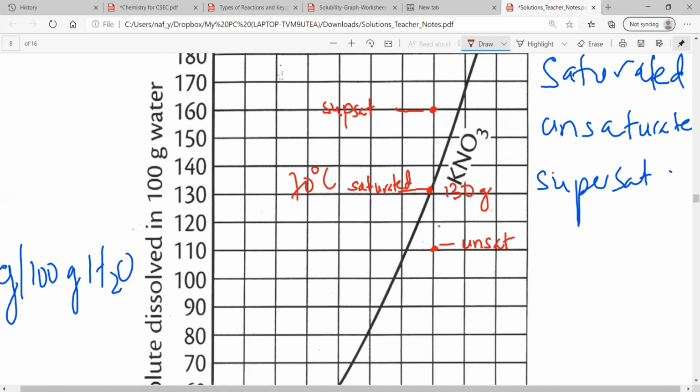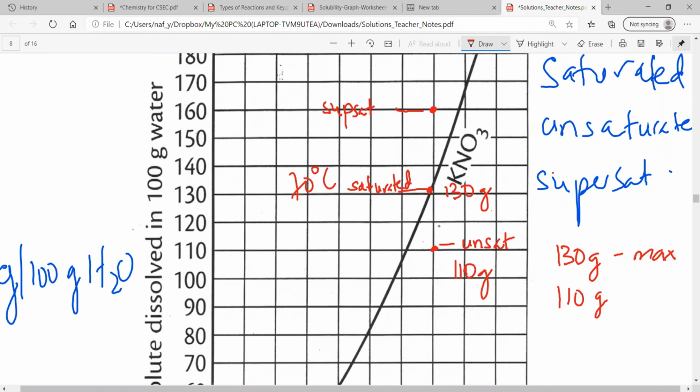But look at the situation now. If I place 110 grams at the same temperature, what does that tell me? My max would have been 130. This is my max, but I only place 110.